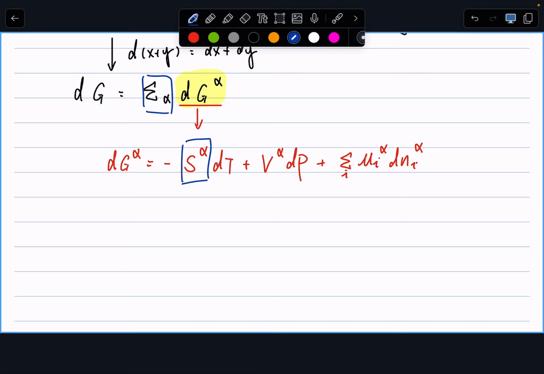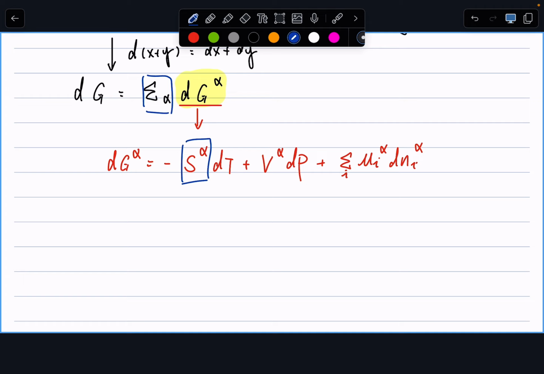For example, what is my S alpha? That's the entropy of my alpha phase, so that's the entropy of my liquid phase. So the sum of my liquid phase and my gas phase entropy equals the total entropy, because entropy itself is also an extensive function.